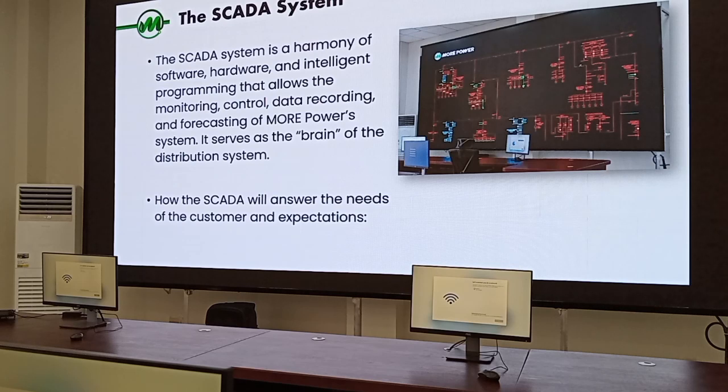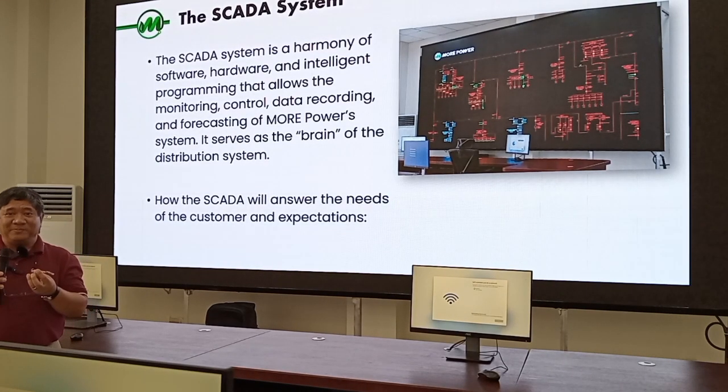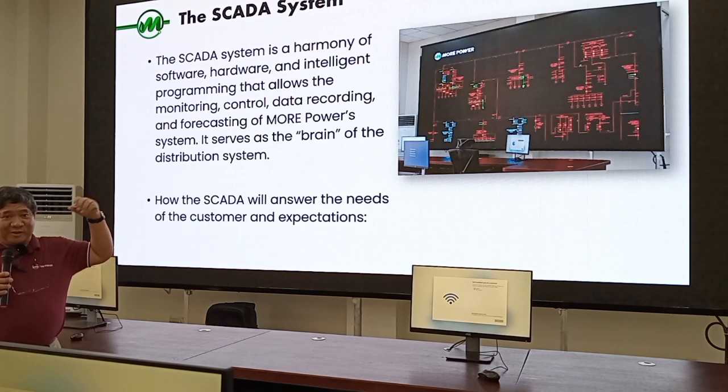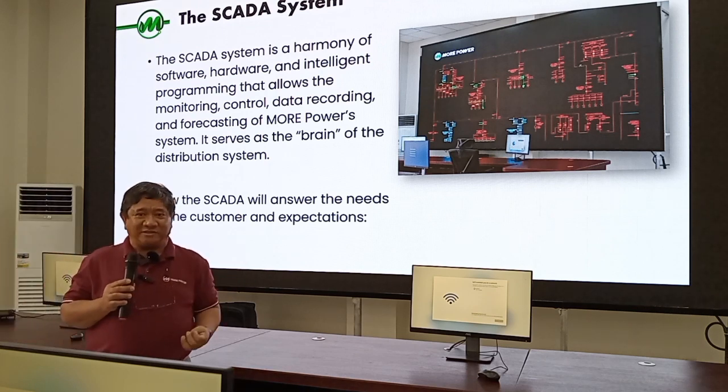The SCADA system is a harmony of software, hardware, and artificial intelligence (AI) programming that allows the monitoring, control, data recording, and forecasting of the system. So it serves as the brain of the system. So, yung sinasabi natin kanina, yung complexity ng supply and demand, at the DU level, right now is being processed by real brains.